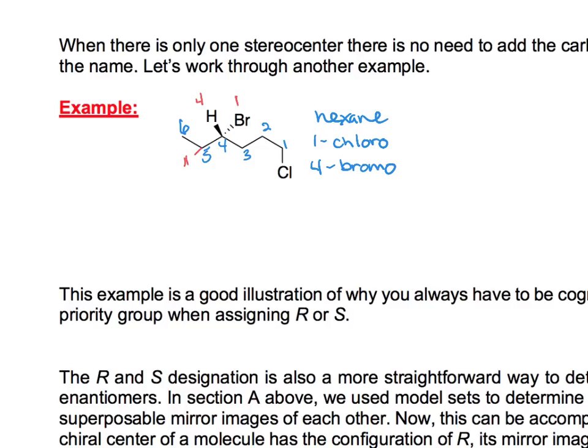So we got an H and an H. So this guy is a C, H, H. This carbon here is attached to 2 hydrogens, so it is also a C, H, H. So we didn't break the tie yet, so we got to continue on out.